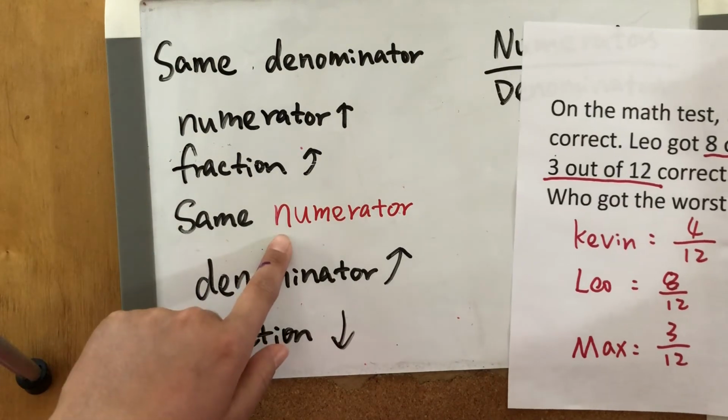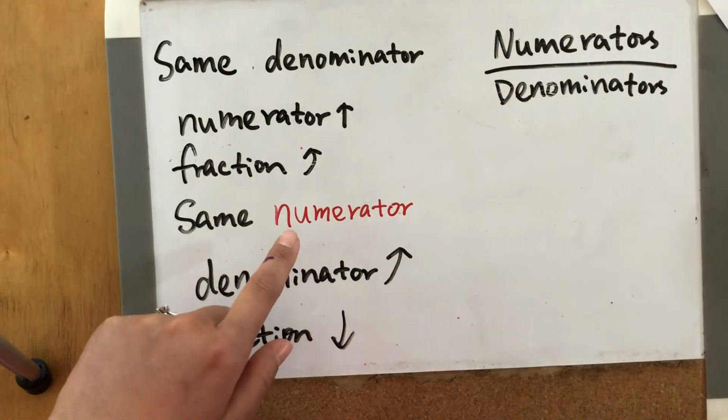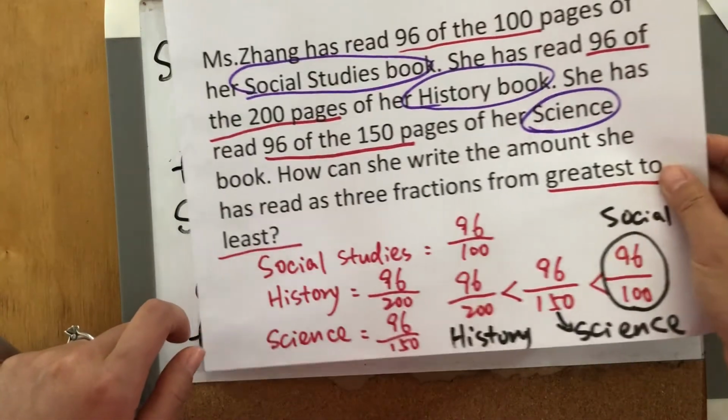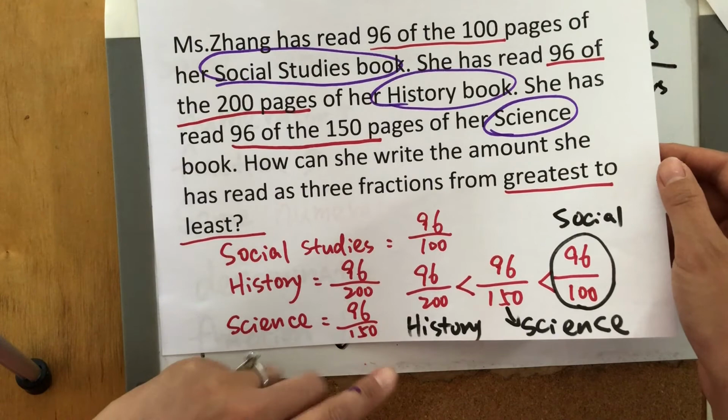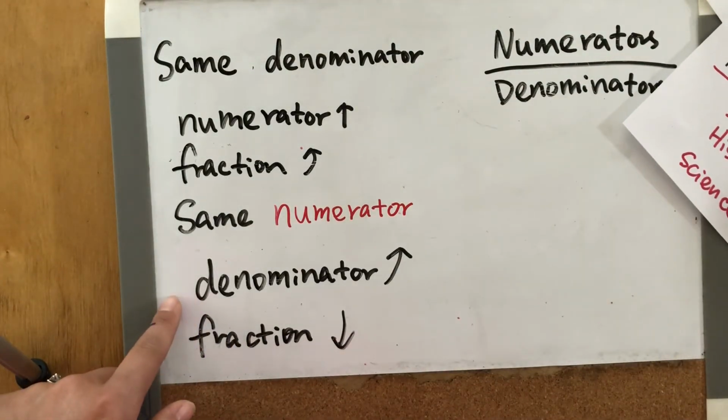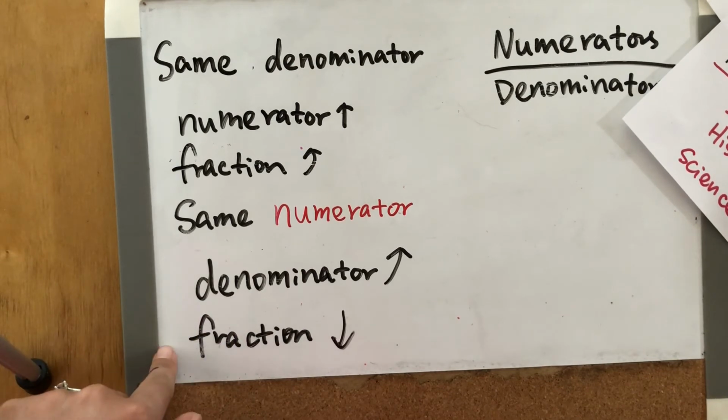If you have the same numerators, in this case, social study book things, then your denominator is bigger, your fraction is smaller.